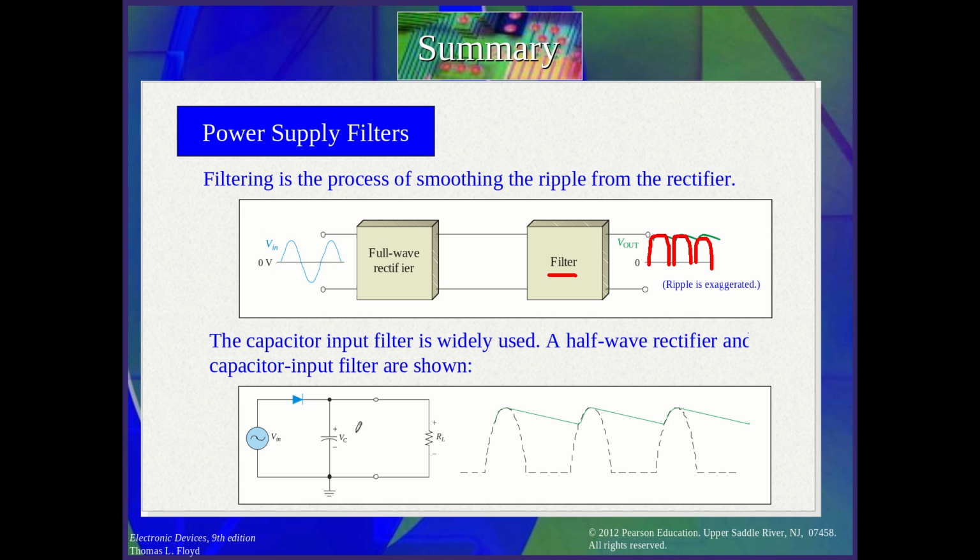This capacitor is widely used. It's a half wave rectifier here with a capacitor input filter. So what does the capacitor do? In the other half cycle, the diode is off because it's in reverse bias. But when it's conducting in the first half cycle, the current will go through this capacitor.